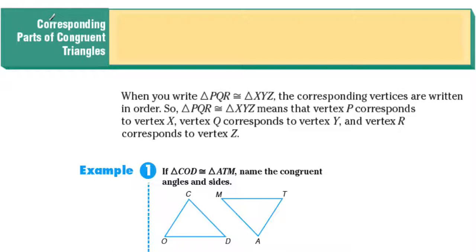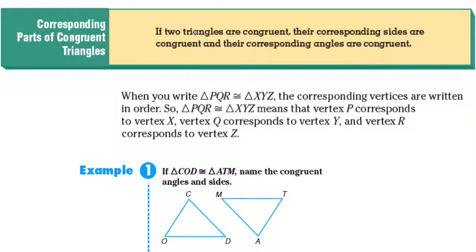Now we can talk about corresponding parts of congruent triangles, which simply means that if two triangles are congruent, their corresponding sides are congruent and their corresponding angles are congruent. When you write triangle PQR is congruent to triangle XYZ, the corresponding vertices are written in order.